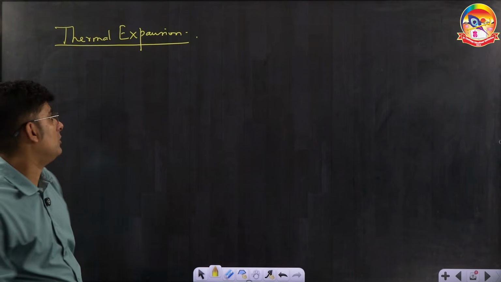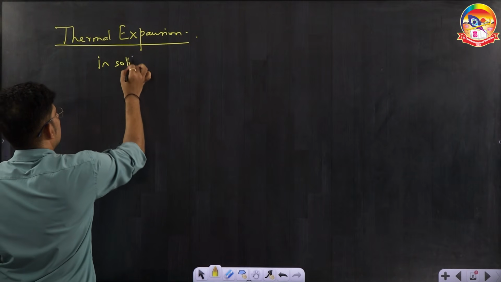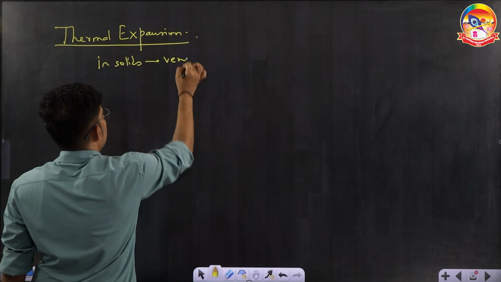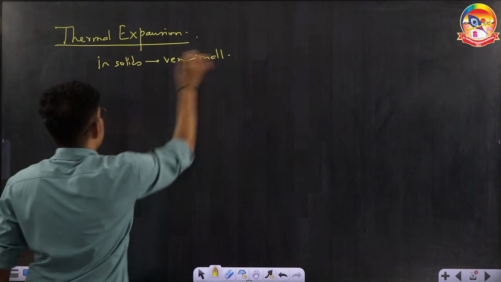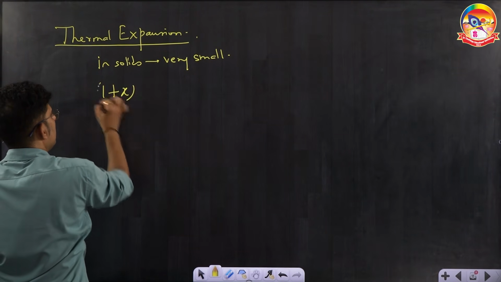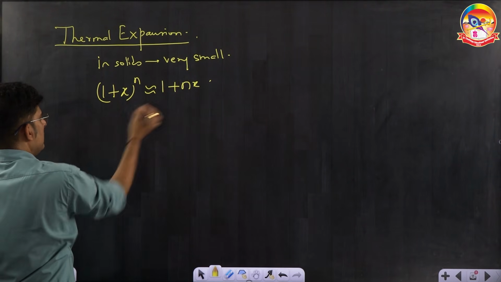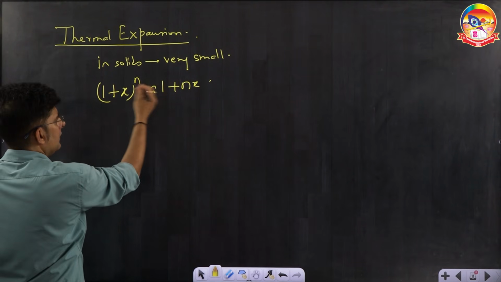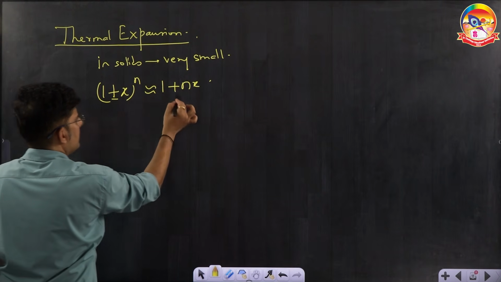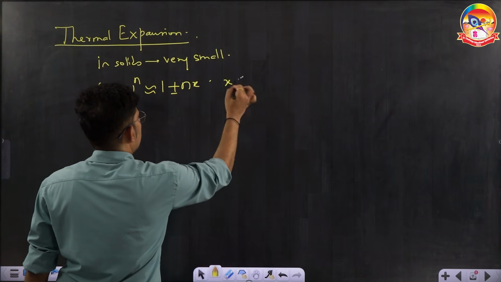So if it is very, very small, we can use approximations like (1 plus x) to the power n is approximately 1 plus nx, where n can be plus or minus whatever. If you have a minus sign here, you can put a minus sign there also. x is very, very small compared to 1.